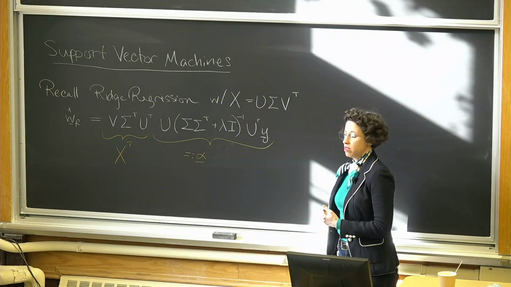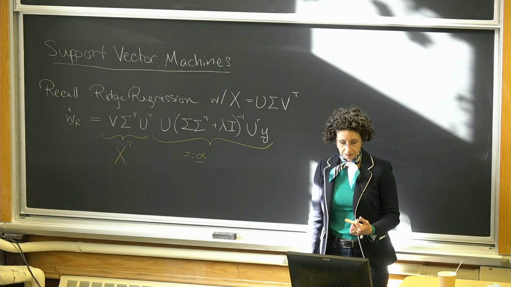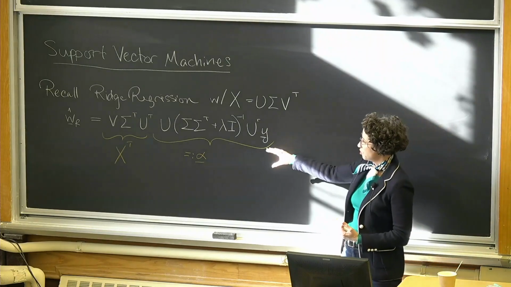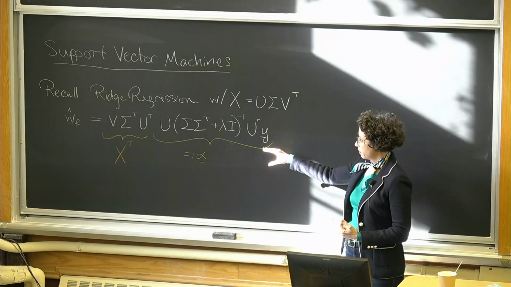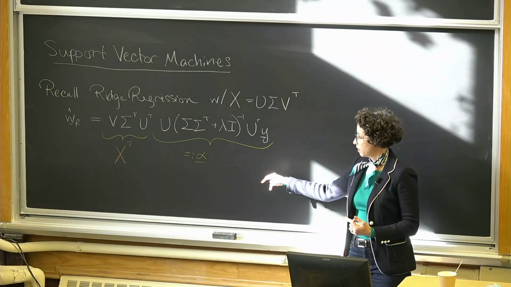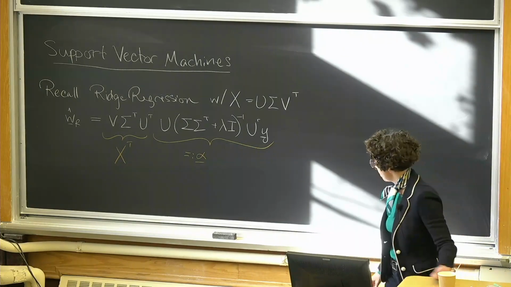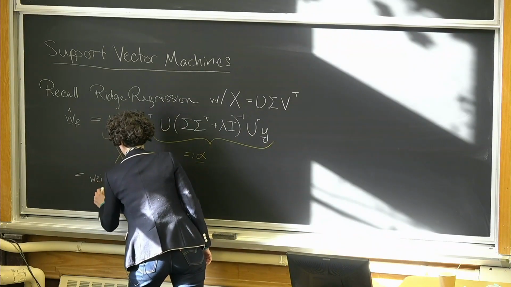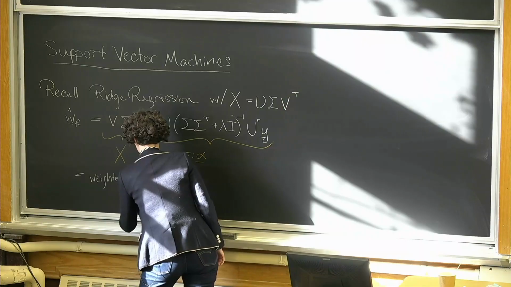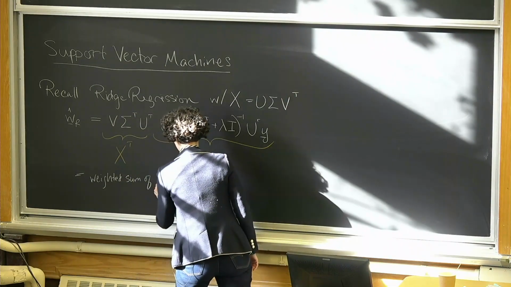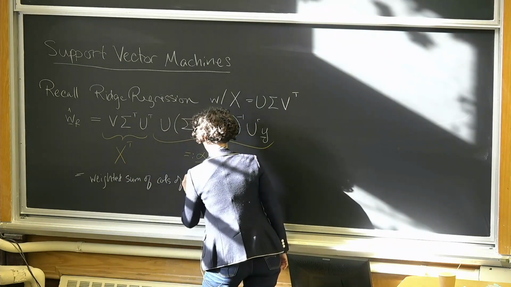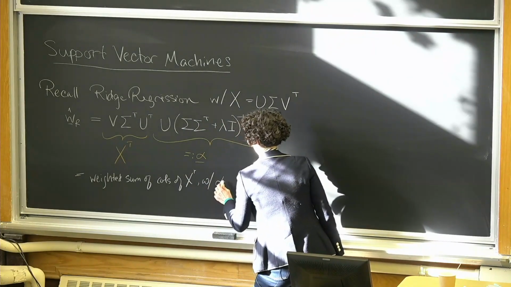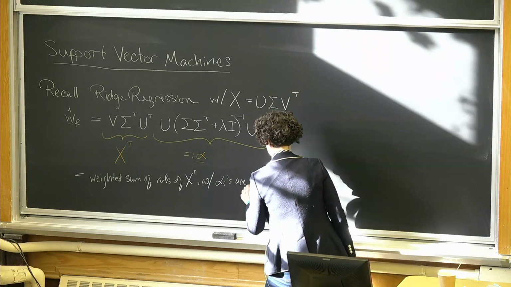Okay, so the other point that we talked about last time is that this representation of w hat R as X transpose times alpha tells us that this weight vector is equal to a weighted sum of the columns of X transpose, where the alpha i's are the weights.